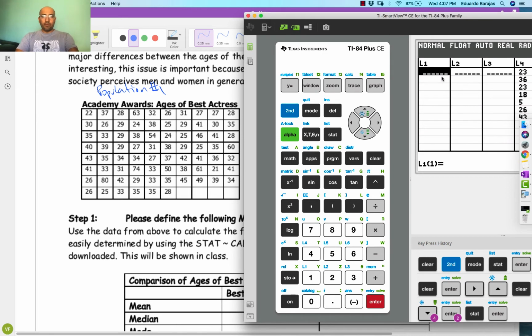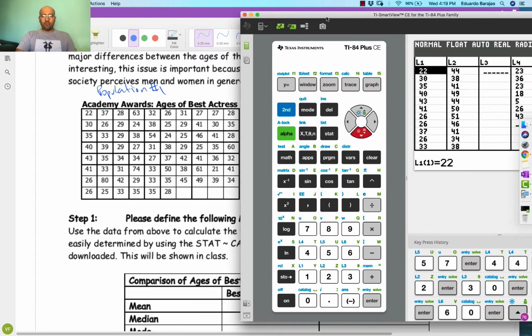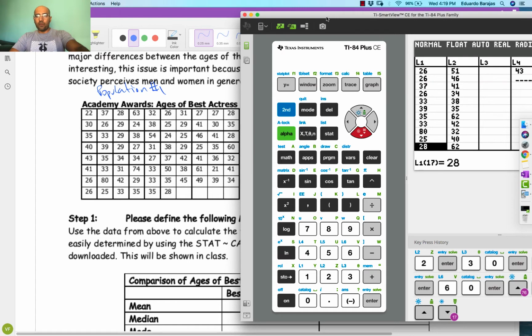Okay, I finished inputting all the values. L1 here has the ages of all the best actresses at the time when they won their award.